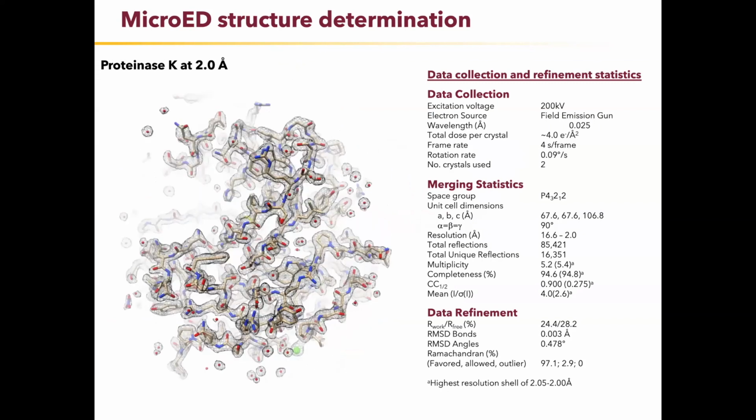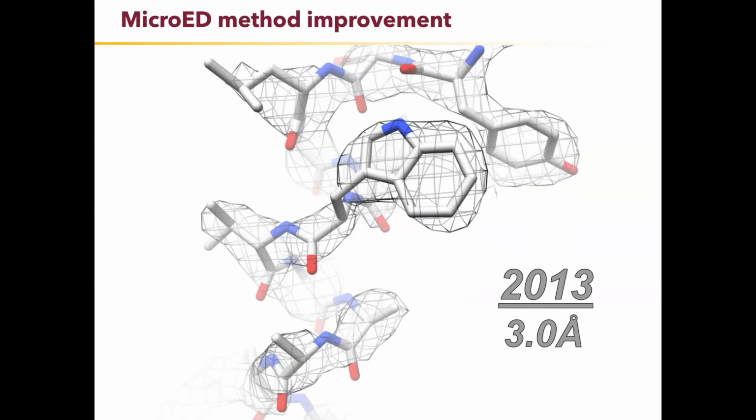I'm going to quickly talk about what led to this. So the first report that came out from MicroED was in 2013. We solved lysozyme at about 2.9 angstroms or so. That came out in 2013, and immediately we started improving the methods to collect data.